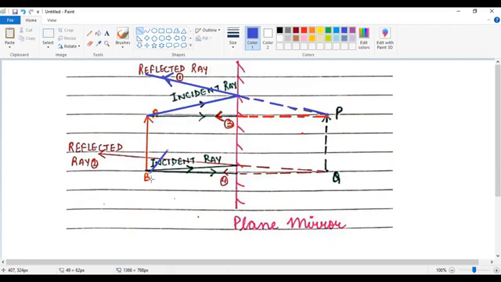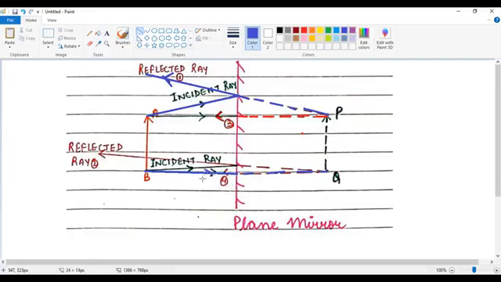So from point B, we will take one ray horizontally and produce it backward till point Q, which is at the same distance behind the plane mirror as the point B in front of plane mirror.